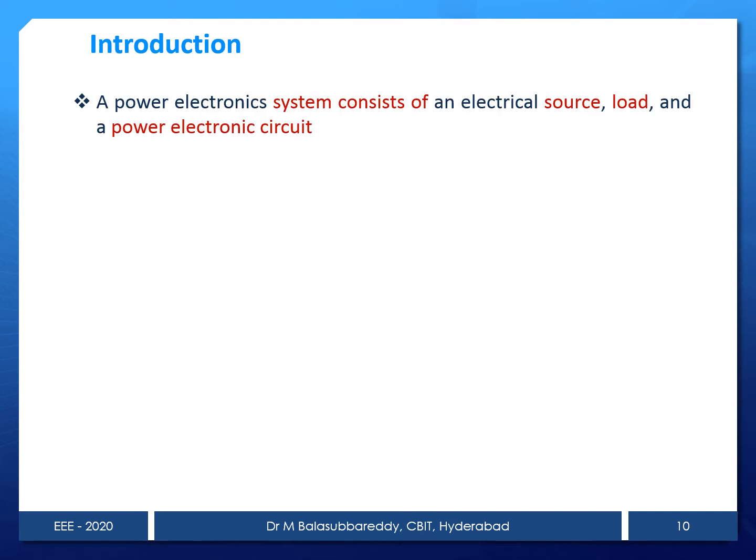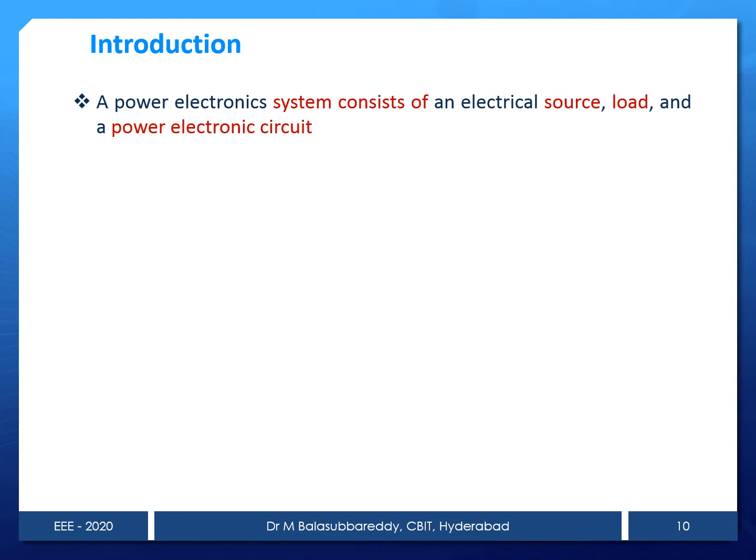So now you can see that a power electronic system consists of an electrical source, a load, and a power electronic circuit. If I call this the block diagram of power electronics, you can see the source as well as the load, and in between there is a power electronic circuit.